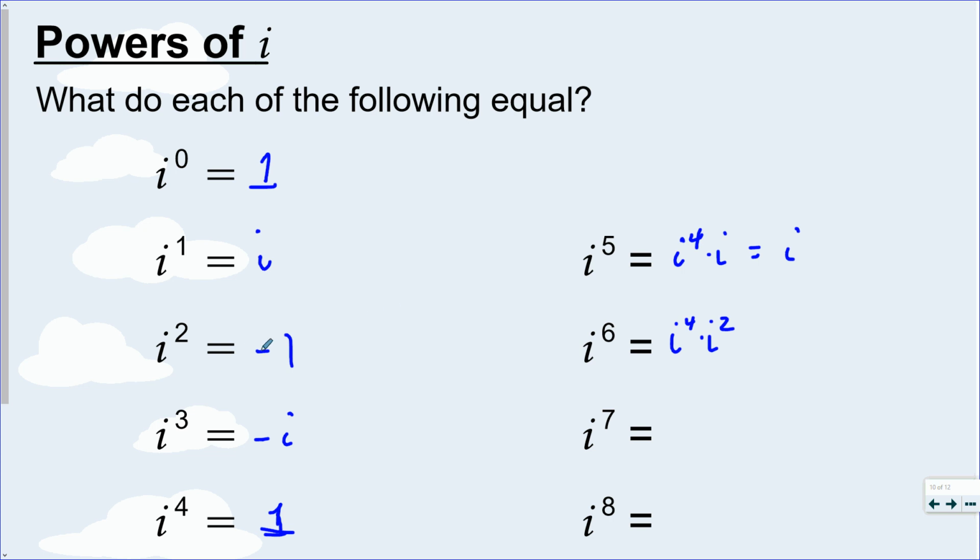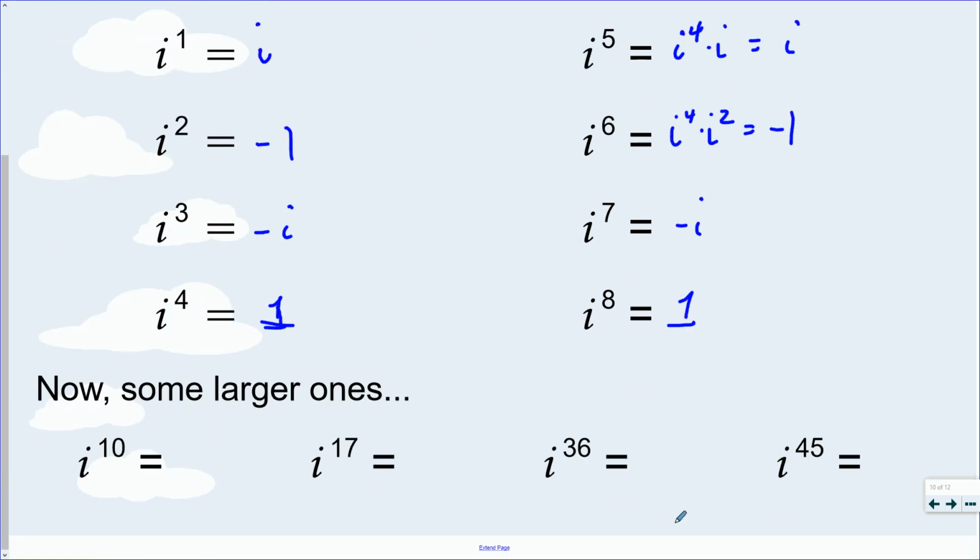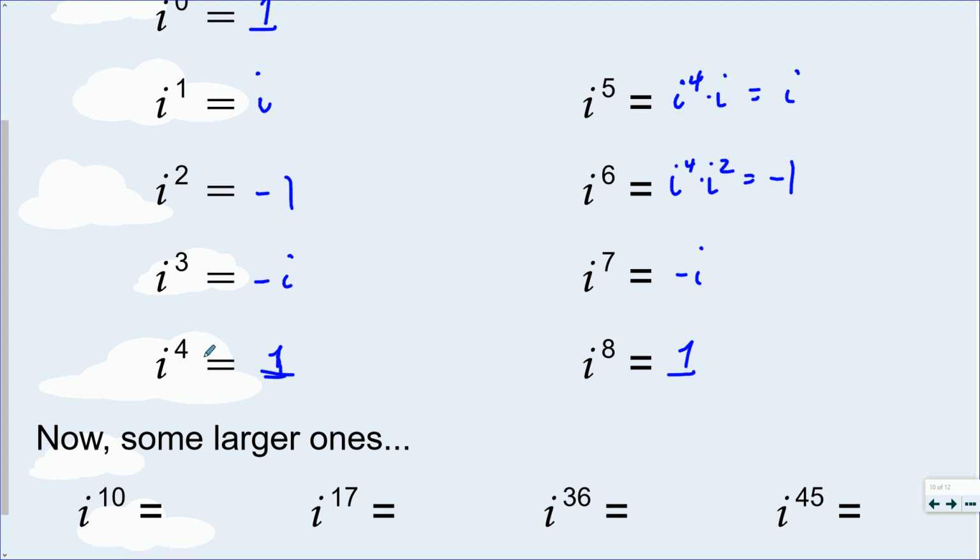So it's going to have the same value as i squared. i to the seventh should have the same value as i to the third. i to the eighth would then have the same value as i to the fourth. And you get what's now known as the cycle of i. i, -1, -i, 1. And it turns out they go like that in a cycle.